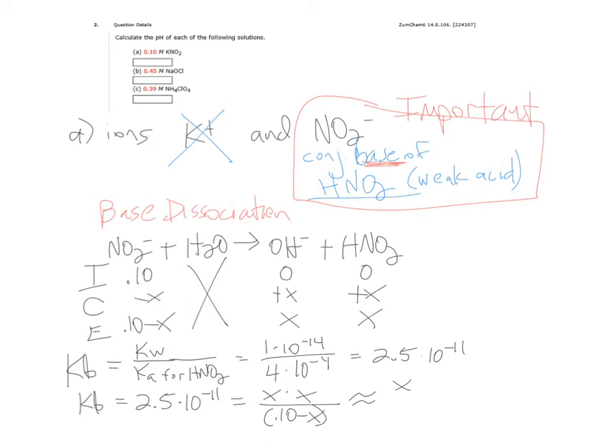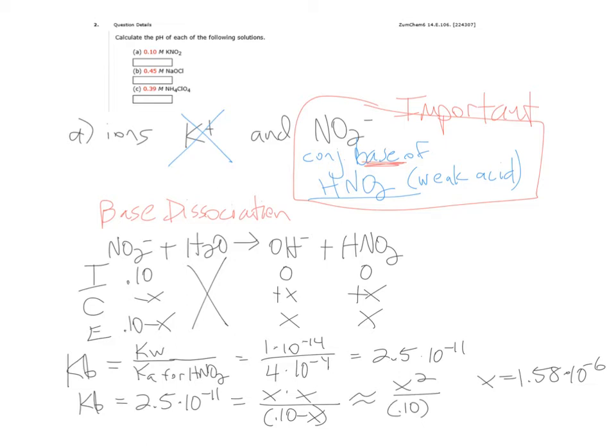So we're going to go ahead and make the assumption that the quantity 0.1 minus X is roughly just 0.1. When you crunch that on your calculator, we get X equal to 1.58 times 10 to the negative 6th. And in our ice table, the value of X at equilibrium is equal to the hydroxide concentration.